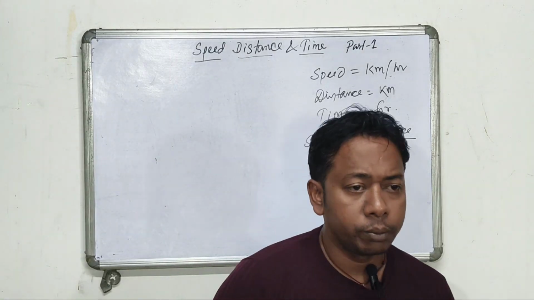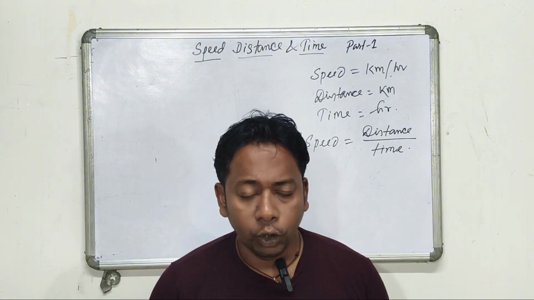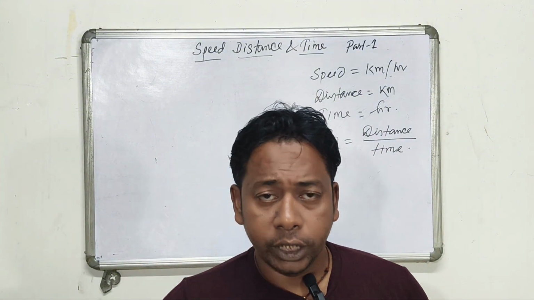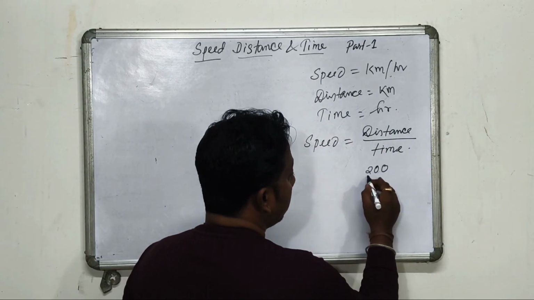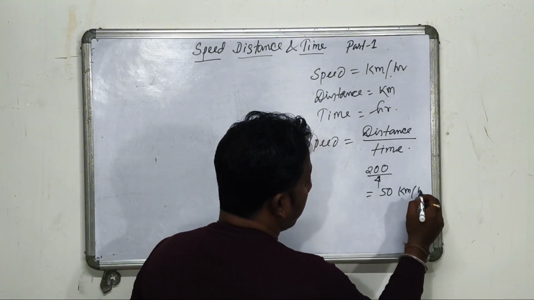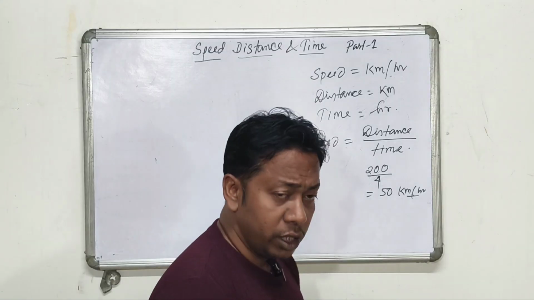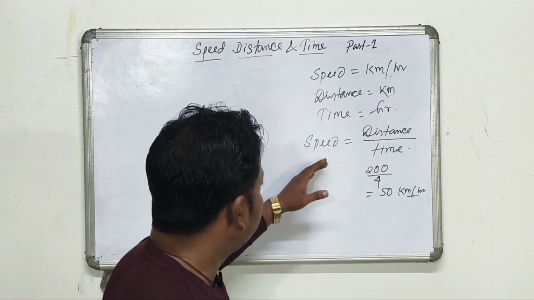The total distance to Kolkata is, think about, 200 kilometers, and you are taking 4 hours to complete the total journey. What will be the speed? That means 200 divided by 4, that means 50, and the unit should be kilometer per hour. That means your speed is 50 kilometer per hour. That means in 1 hour you traverse 50 kilometers. Okay, that is speed.